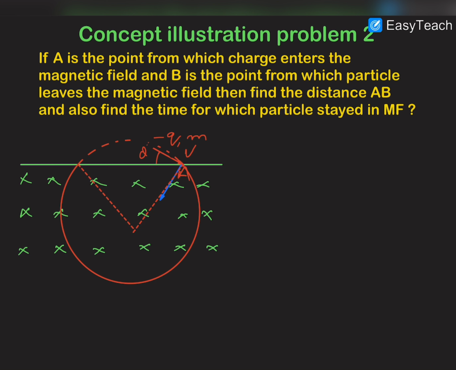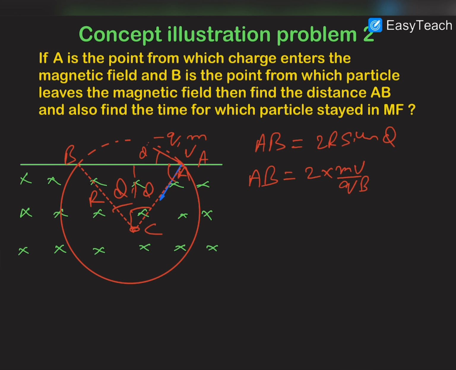then here would be the center, and again this angle would be 90 minus theta, and this would be theta, and this would be theta, and this is B. So again the distance AB, this is R, so again AB will be 2R sine theta. Sine theta is given to us, and this is 2 into R, which is mV by qB, sine theta. And the time for which it remained in the magnetic field is quite interesting.